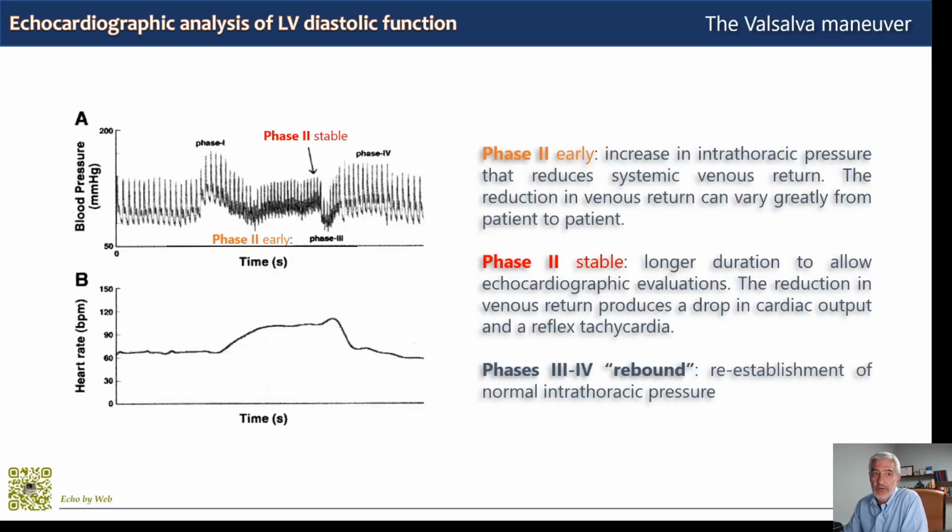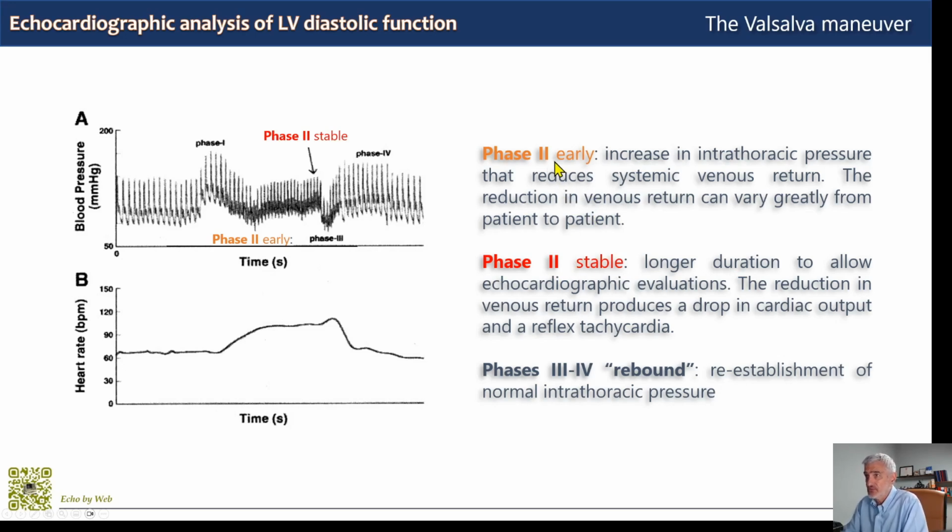Let's talk now about the Valsalva Maneuver, which is relatively simple to perform even during a routine examination. It's a fast maneuver in 4 phases, and it's very, very useful in diastology. There are 4 phases. We're interested mainly in the phase 2 stable phase.